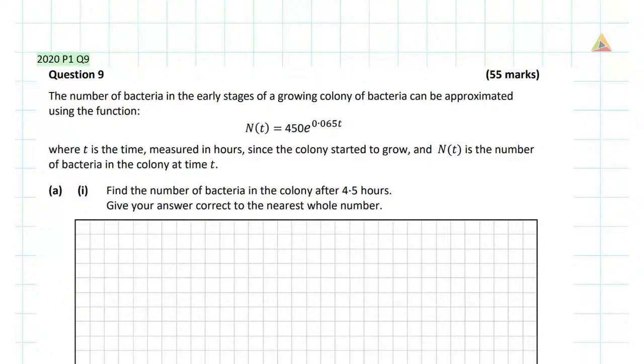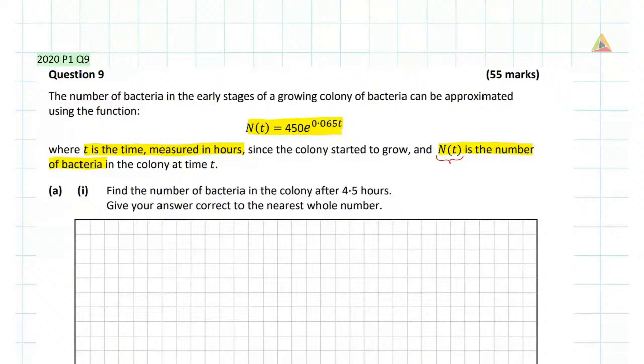The number of bacteria in the early stages of a growing colony can be approximated using this function. I'm just going to highlight that there because that's the function we'll use throughout the question. And this down here is really important as well. Small t is time measured in hours since the colony started to grow, and capital N is the number of bacteria in the colony at any time t. Often people get really confused by this notation here.